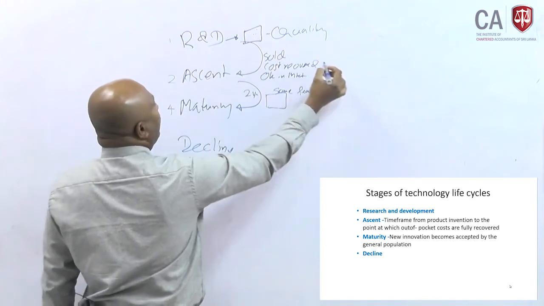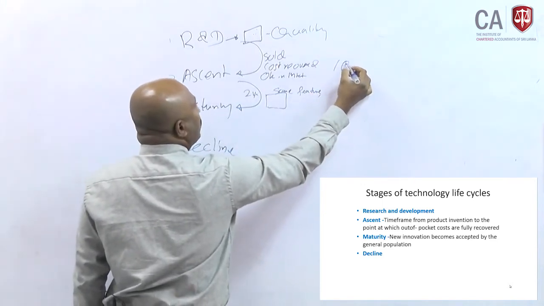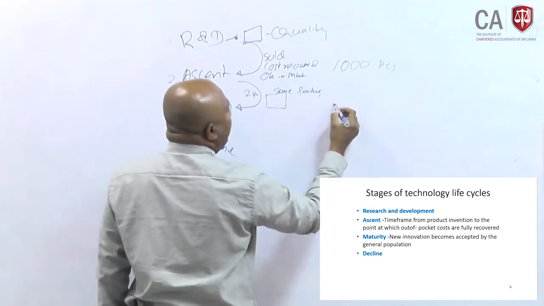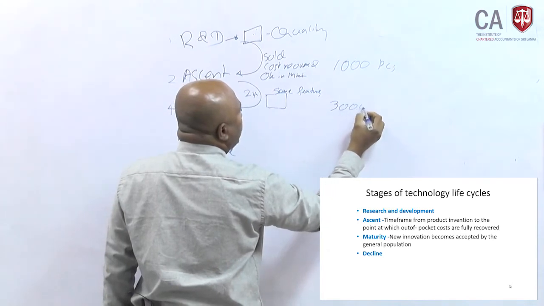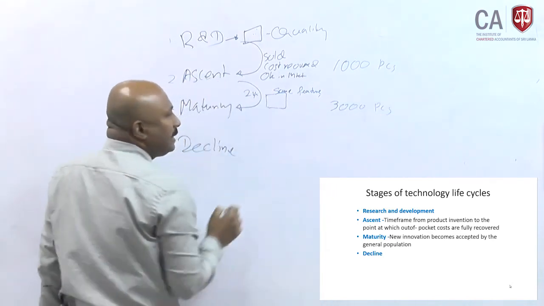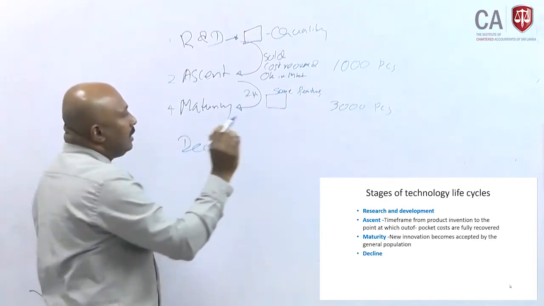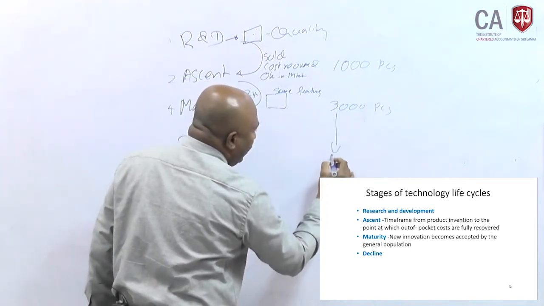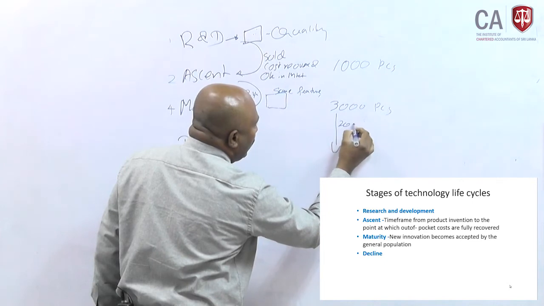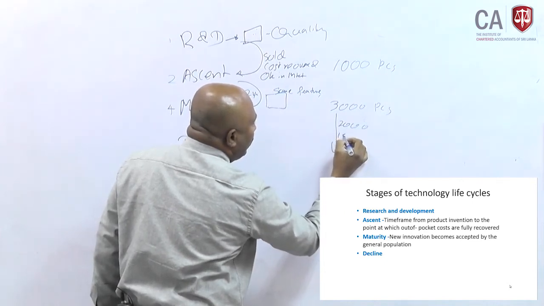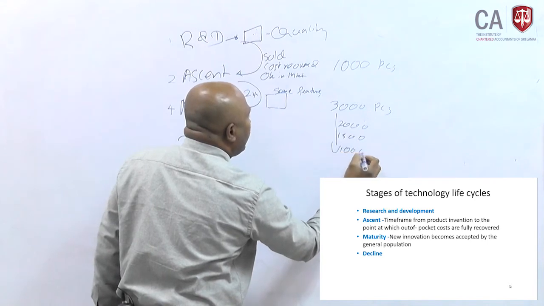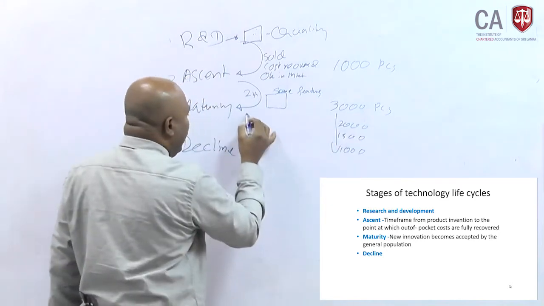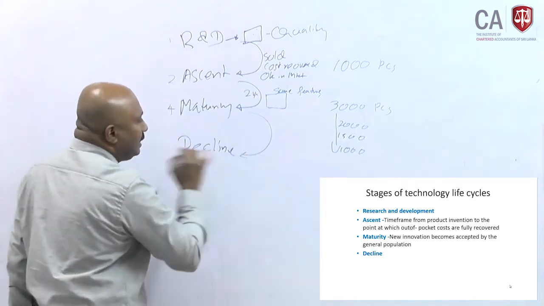Here goods sold is around 1000 pieces, and at this level about 3000 pieces, but the sales people will identify that the selling pieces will decrease in the next year to 2000, 1500, then 1000. Through the sales report you identify that it is declining, the product is declining.